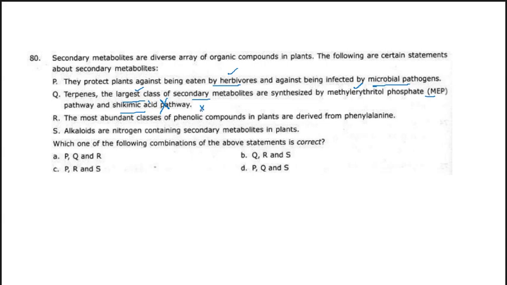So just see how to solve the answer. P is correct, so wherever P is not there, I will eliminate that option. Q is incorrect, so those options are wrong. Now let's check R. R should also be wrong, but let's check.